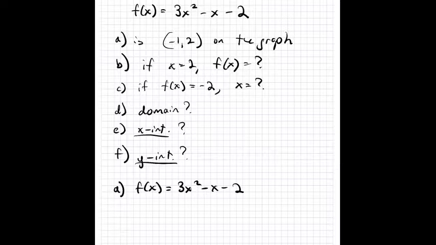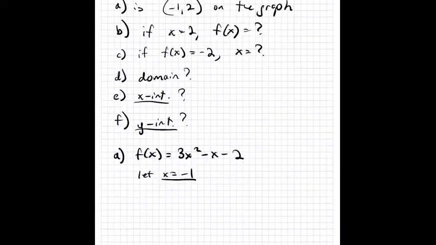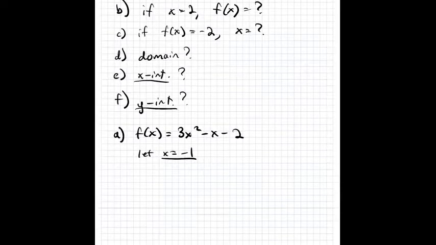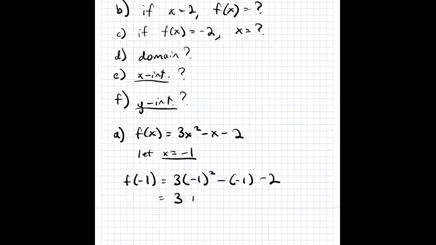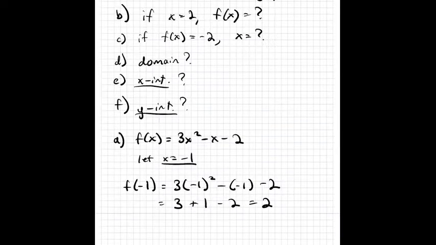Then f of -1 is 3 times -1 squared minus -1 minus 2. -1 times -1 is +1, so that's 3. Double negative is +1, so 3 plus 1 minus 2. 4 minus 2 is 2, and 2 is indeed the desired output that we wanted. So is that on the graph? We would say yes for that one.